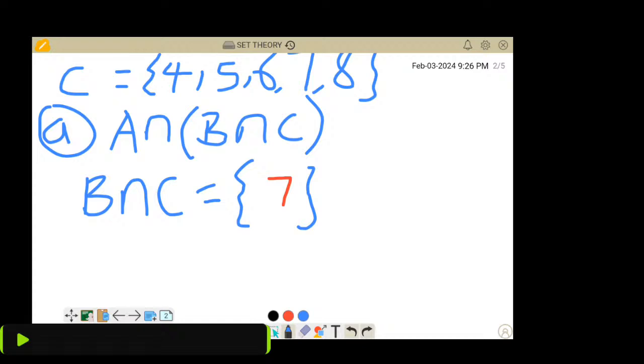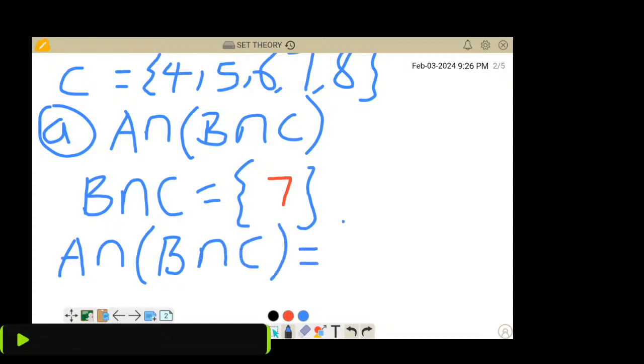And now A intersection B intersection C will now be equal to, that is all the elements of A intersection the element of this.